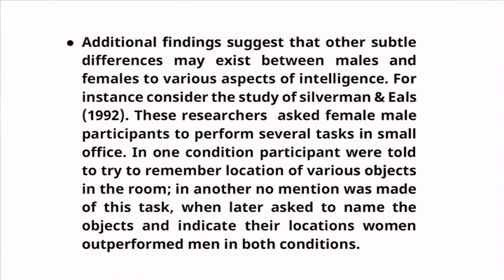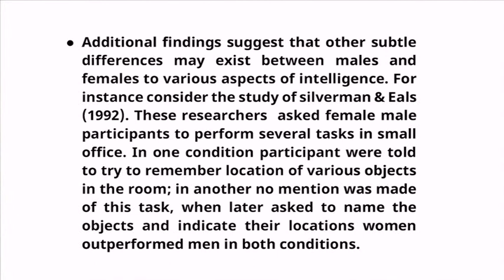Additional findings suggest that some subtle differences may exist between males and females in various aspects of intelligence. For instance, consider the study of Silverman and Eals, 1992. These researchers asked participants to perform several tasks in a small office.